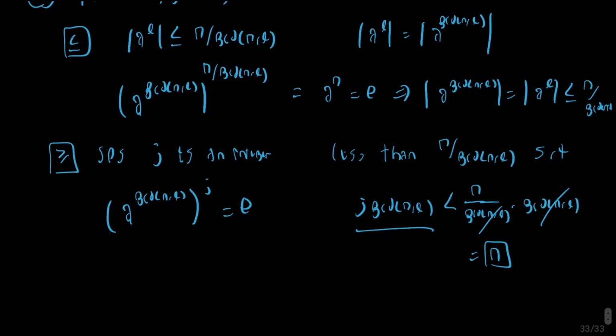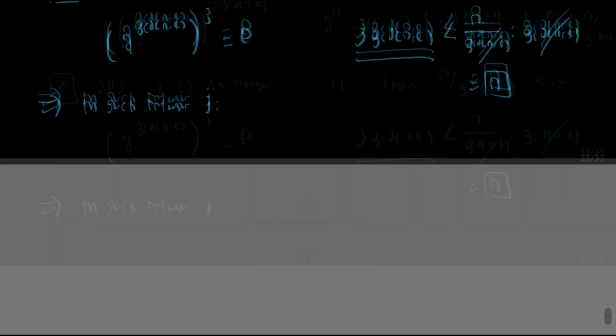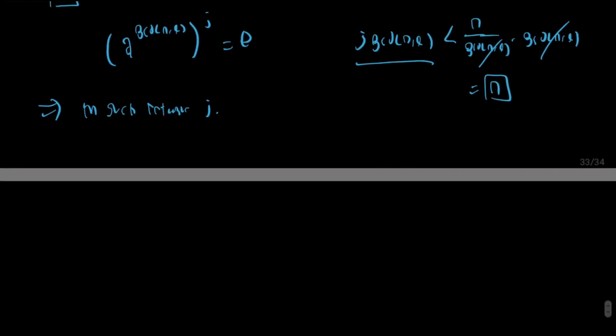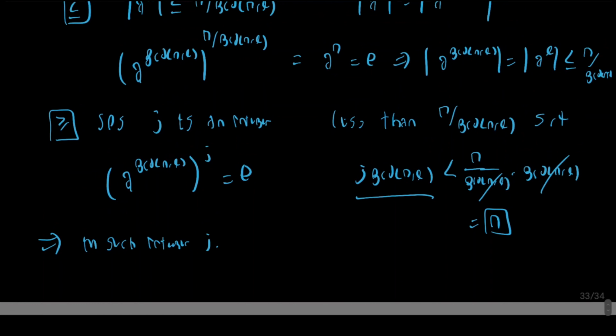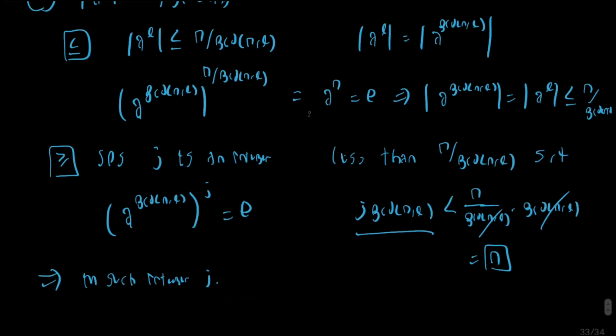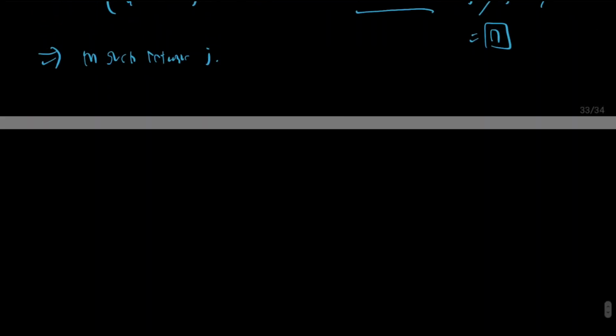But by the definition of order, and of course we're supposing that this J is positive. So being this integer J positive and strictly less than n implies that there is actually no such integer J, by the very definition of order of an element. Why? Because the order of an element is the least positive integer for which this equation is true, so for which A raised to that integer is the identity.